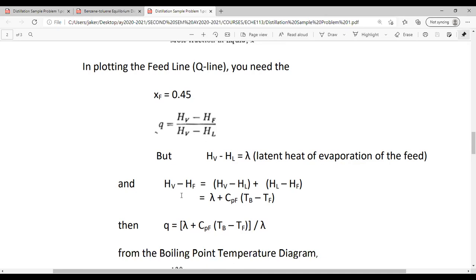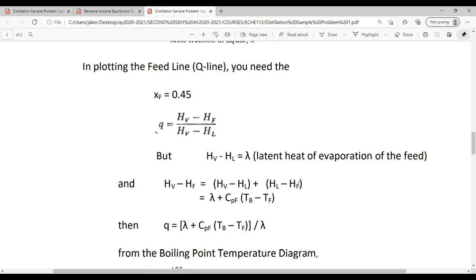That way, the resulting expression would be HV minus HF. So you need to get rid of the HL here, which is negative. So you need to add HL, and you need to add negative HF. That way, you will have the equivalent HV minus HF in here. Because if you do the addition here, you'll get rid of the HL, leaving you with the HV and the HF.